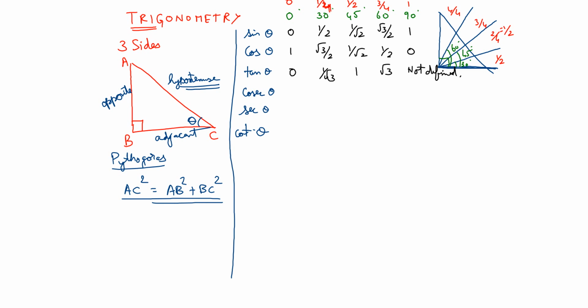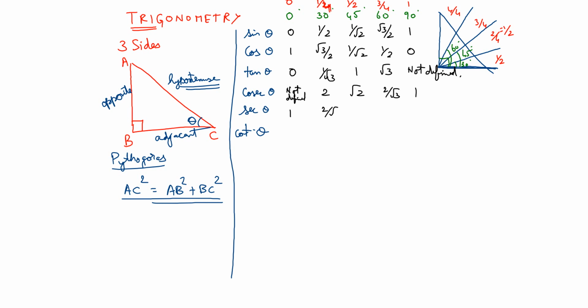Cosecant is the reciprocal of sine. So 0 can be written as 1 by 0, which is not defined. The rest are 2, root 2, 2 by root 3, and this is 1. Once again I will be inverting cos. The inversion of cos is secant.